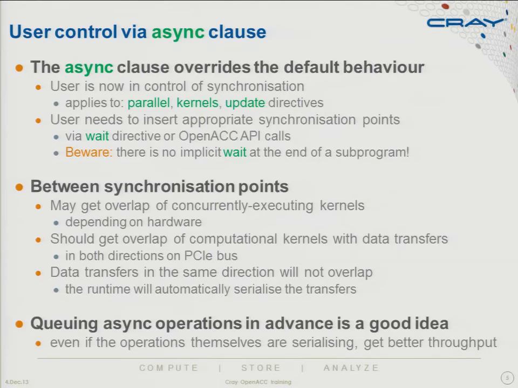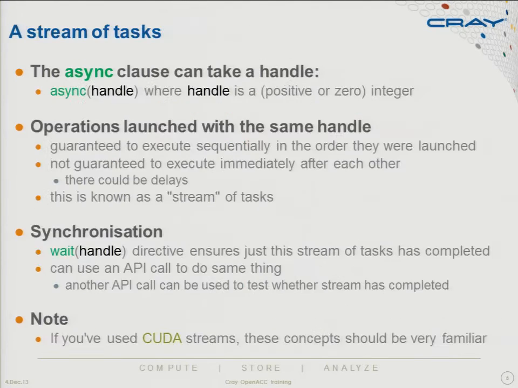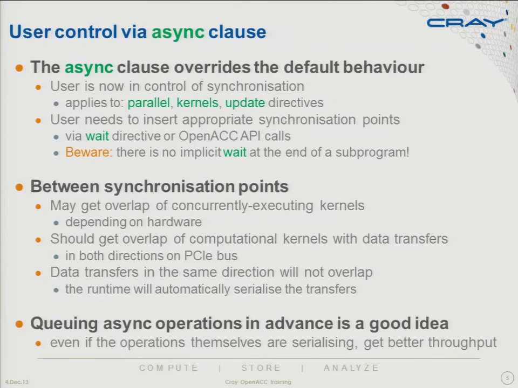Data transfers in the same direction on the PCI bus won't overlap, but the runtime will automatically serialize them. So you can't get a mistake because the hardware didn't support this asynchronicity. It won't say, you asked me to do it, I don't know how to do it, so I'll just trash all your answers. But if the hardware does support it, it will do what you say.